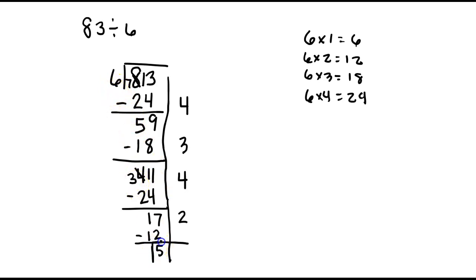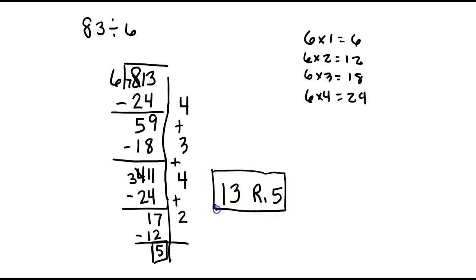So I'm going to have a remainder in this one of 5. But what I've got to do is I've got to add all of these partial quotients up together. So 4 plus 4 is 8, plus 3 is 9, 10, 11, 12, 13. So my answer, or my quotient, is 13, remainder 5. Okay, so that's pretty simple.